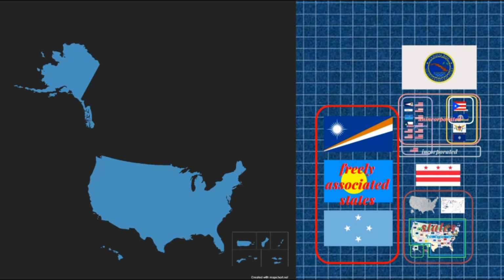The only thing is that they rely on the USA for aid. Basically, the USA used to have these people as a trust mandate, and they didn't really want to let go of this strategic position, so they just turned the Northern Mariana Islands into a commonwealth along with Puerto Rico, and turned these three countries into independent countries.